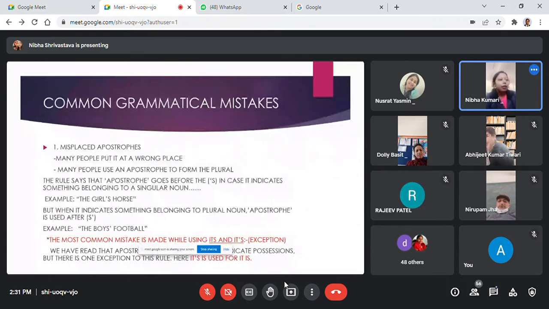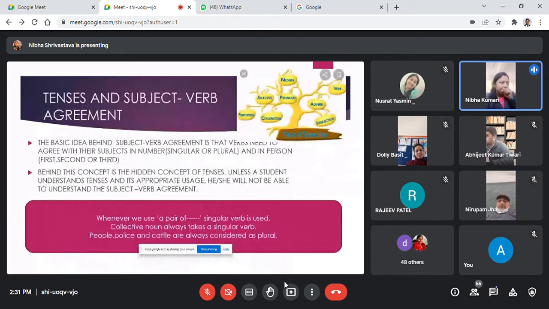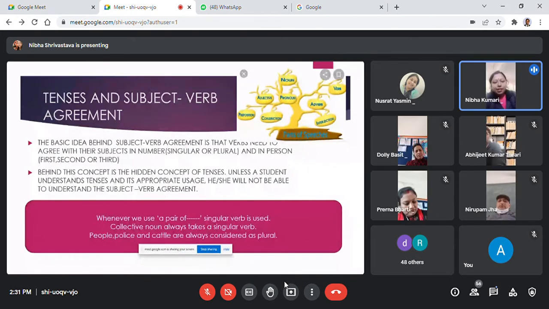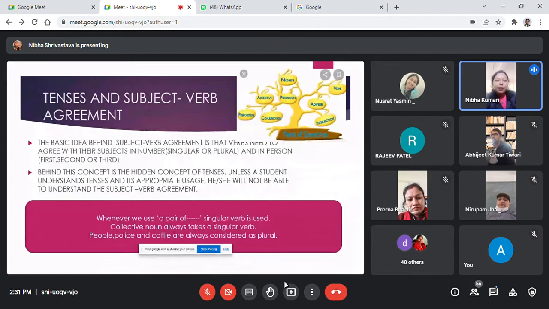Okay. Now, tenses and subject-verb agreement. I think it is one of the most important parts of grammar. The basic idea behind subject-verb agreement is that the verb needs to agree with its subject.